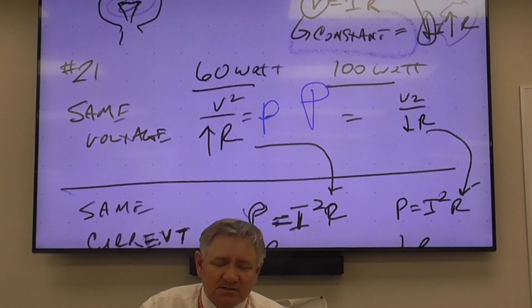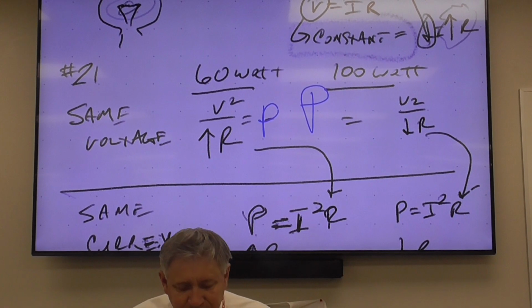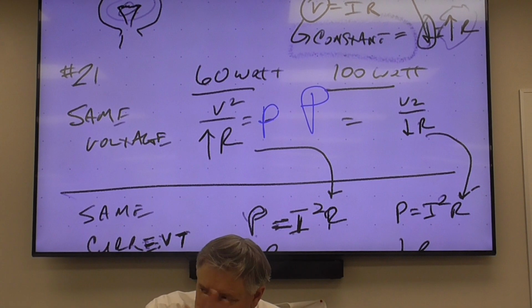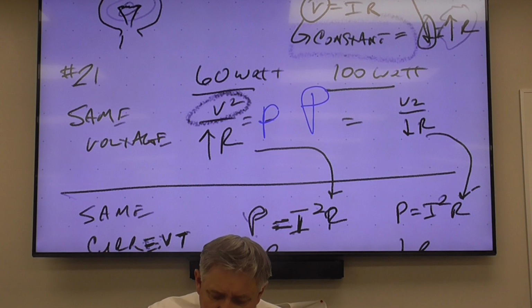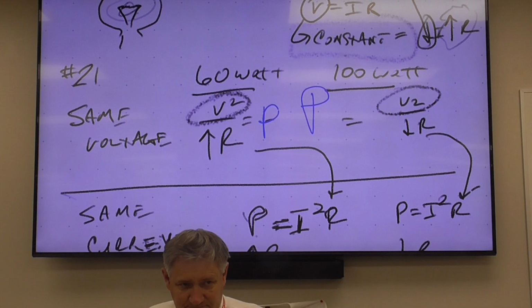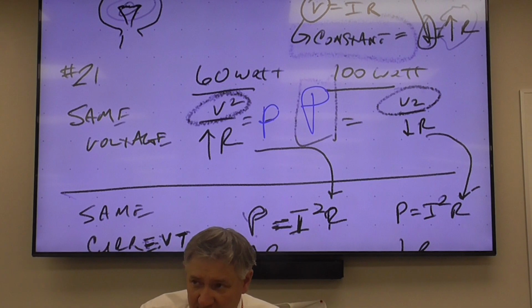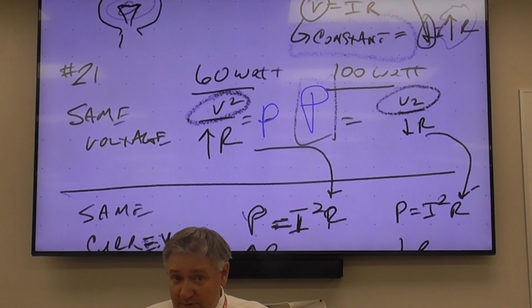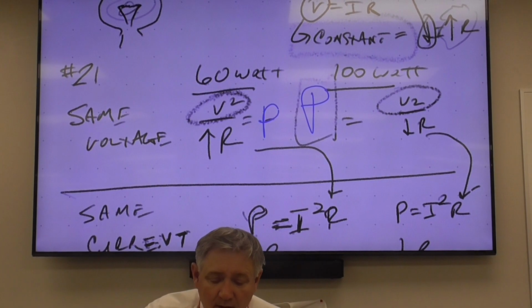Okay, so on 21, let's go through your thought process. Like I said, the beginning of this argument makes sense. If you consider the same voltage, the traditional idea is that the 100-watt bulb is brighter, and you remember this when we do labs, when you're comparing brightness of bulbs.